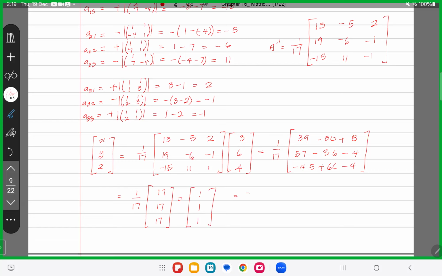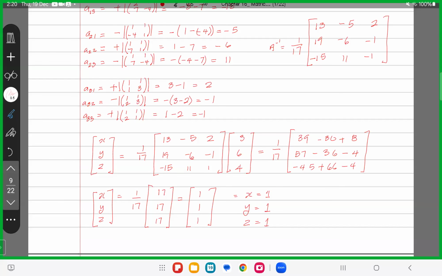So therefore, x is equal to 1, y is equal to 1, and z is equal to 1. All right, and this here should be minus 1. All right, that's it.